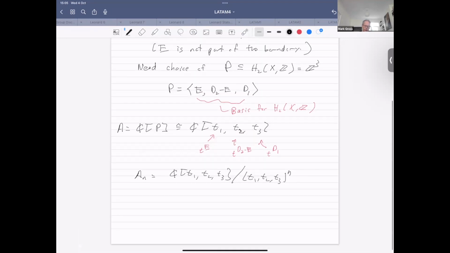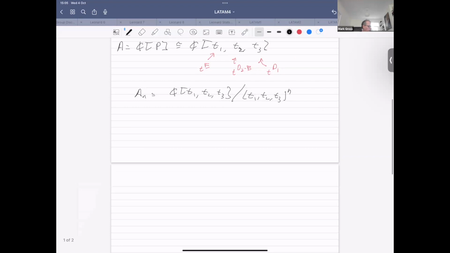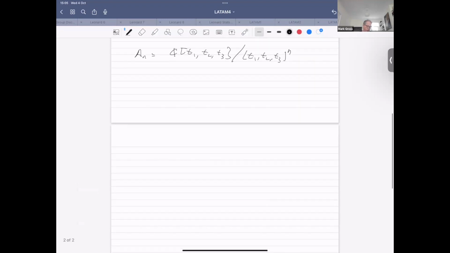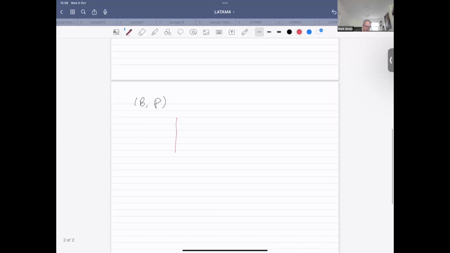And then I need to give you a scattering diagram or a wall structure. So if you recall, B, P looks like this, let me continue my color coding where the rays of one-dimensional cones of P are in red. And then my scattering diagram, D, is going to consist of two walls.